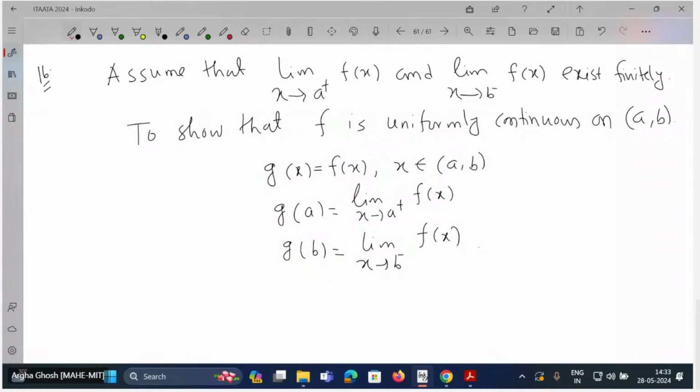Now why is g uniformly continuous? You see that g is defined on closed and bounded interval [a, b]. f was defined on open interval (a, b), but g is now defined on closed and bounded interval [a, b]. Now how to show that g is uniformly continuous on closed and bounded interval?